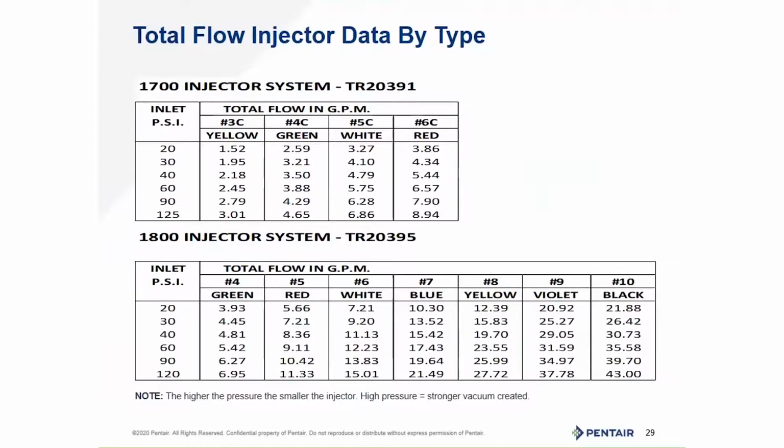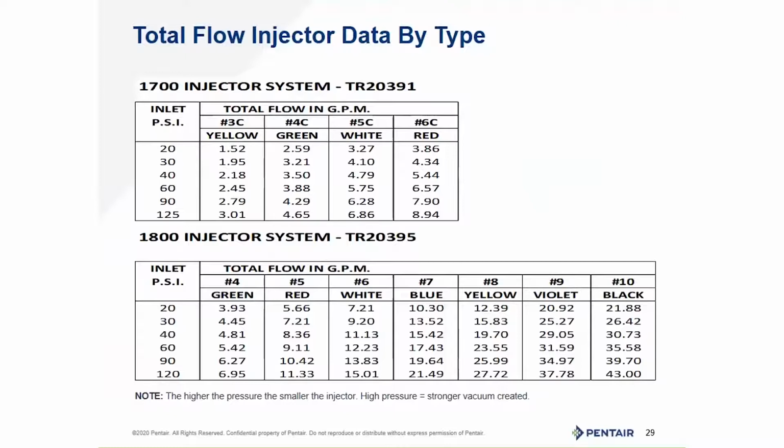Because if we've got a 2850 valve that's using a 1700 injector series, we've got 60 psi, you would have to bump that up to a 6.57 injector. If they are using the yellow, a green, or a white, it won't work in that situation.